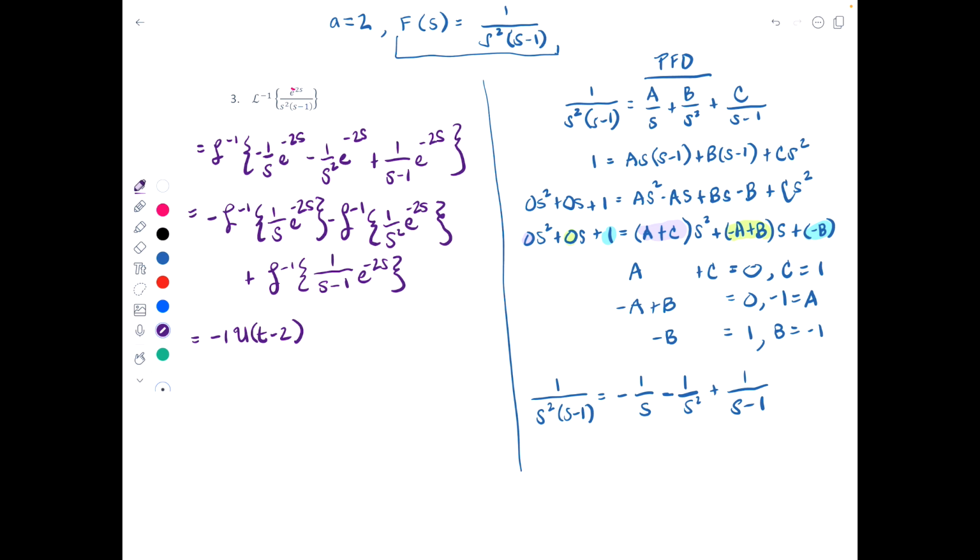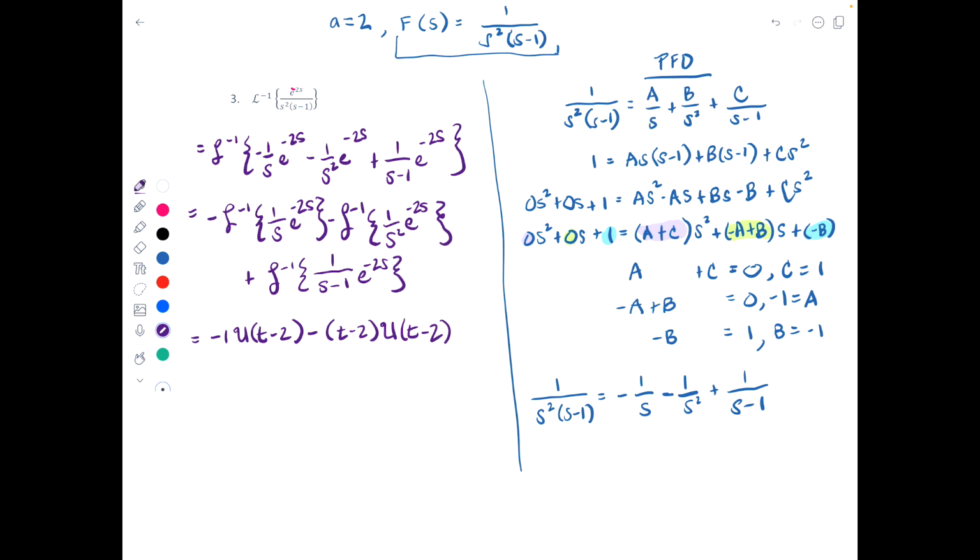The 2 is coming from the e to the negative 2s, and the negative 1 is coming from our 1 over s minus 1. And then we get minus t minus 2 times our unit step function at t minus 2.